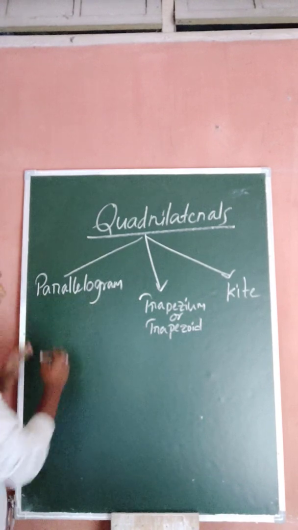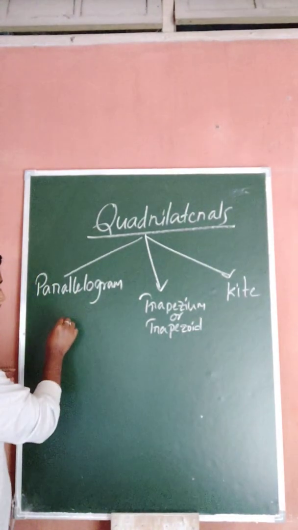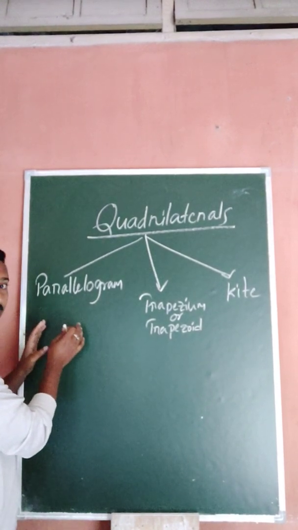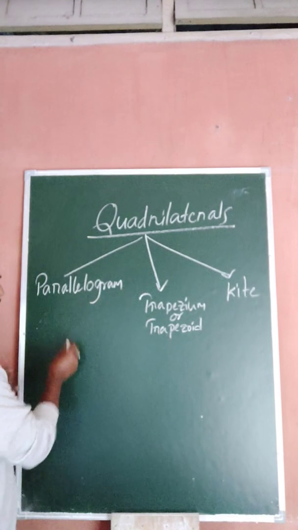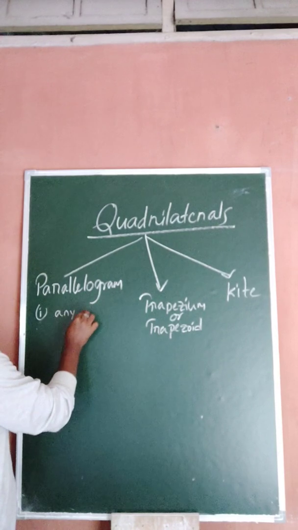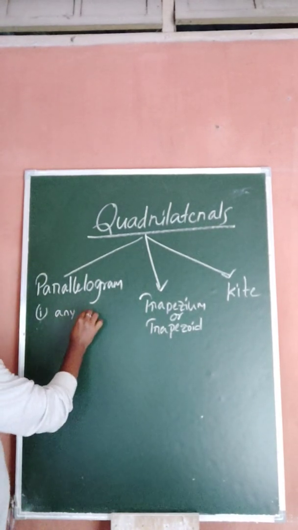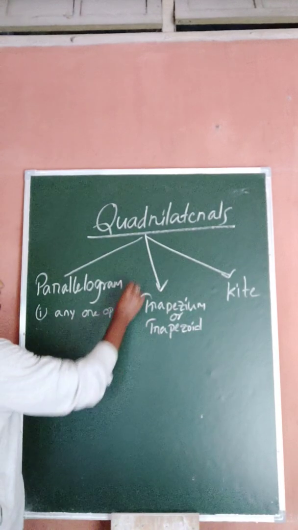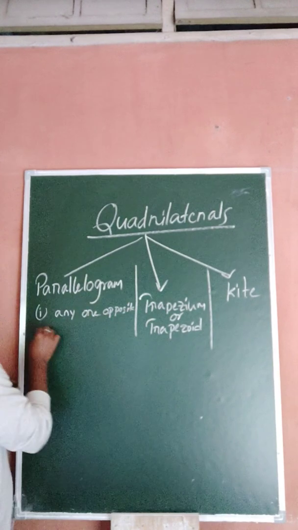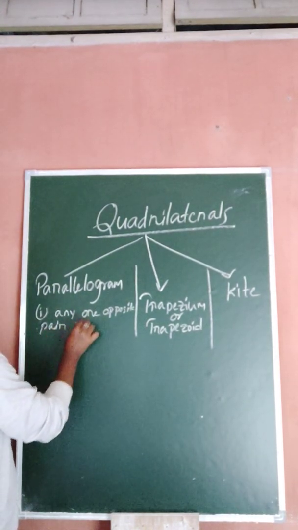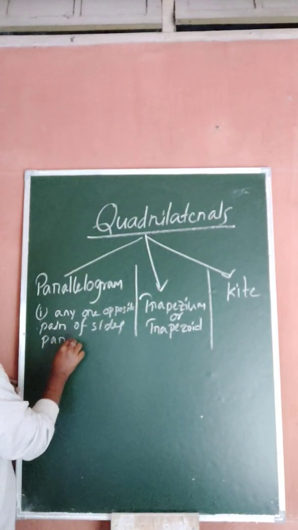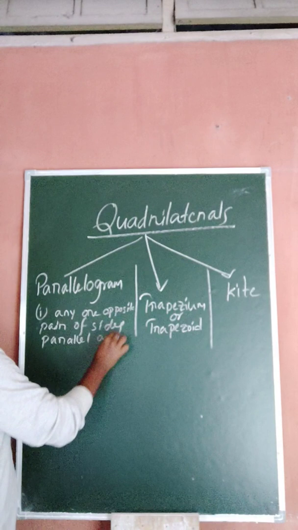What is the basic criteria of a parallelogram? You can know about a parallelogram by 2 definitions. One is, suppose any one opposite pair of sides is parallel and equal.